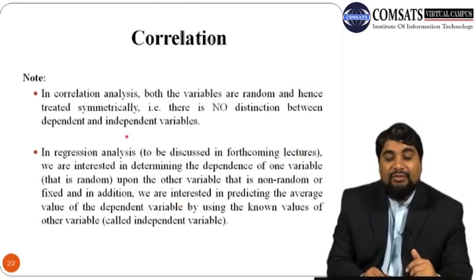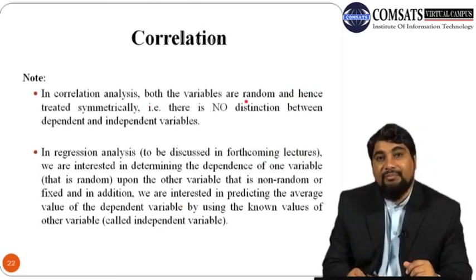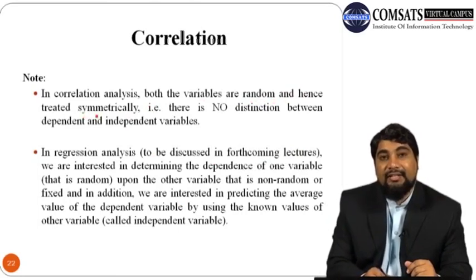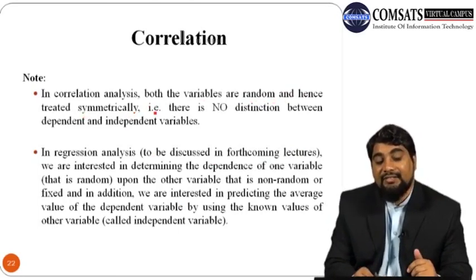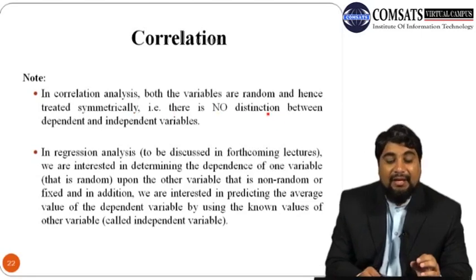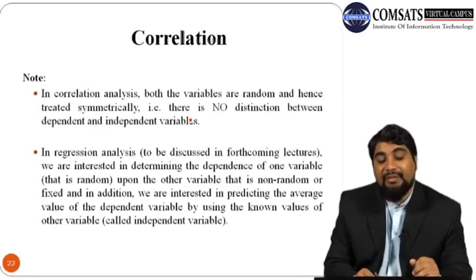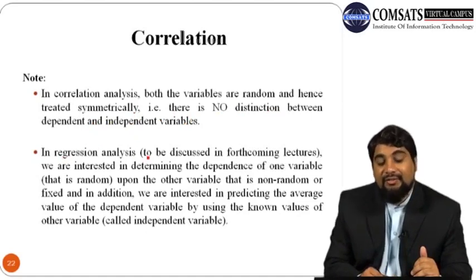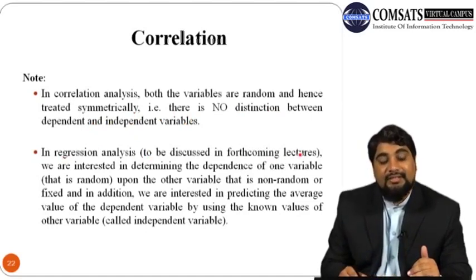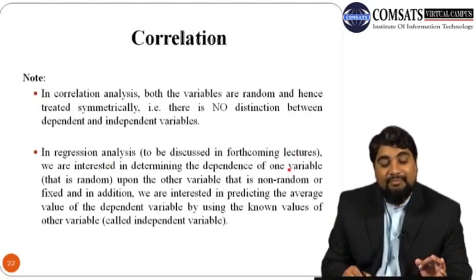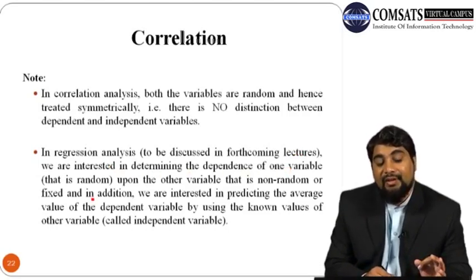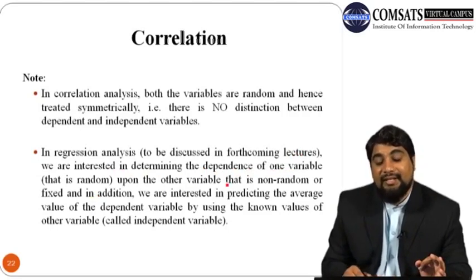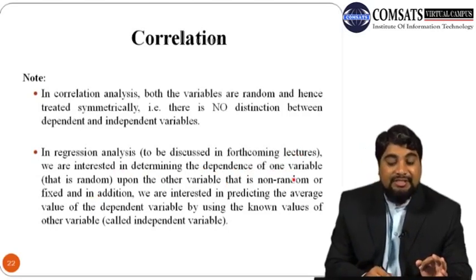Note that in correlation analysis, both the variables are random, and hence they are treated symmetrically. That is, there is no distinction between dependent and independent variables. Whereas in regression analysis, to be discussed in forthcoming lectures, we are interested in determining the dependence of one variable, that is random, upon the other variable, that is non-random or fixed.